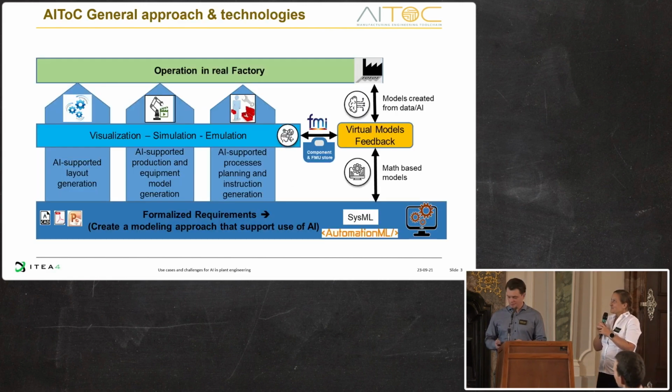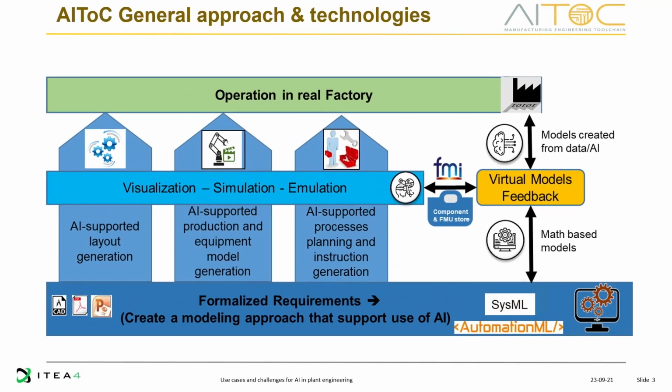And this means that we are caring about the operation in the real factory. Like Olaf already mentioned, this is signal-based, so this means you have some machines, you have some robots, for example, and how you put those things together is that you're monitoring the signals, you're sensing, you're acting, just like if you would have some human with his or her senses and actions, and all that is digitalized.